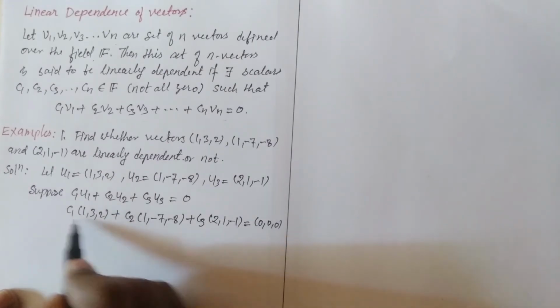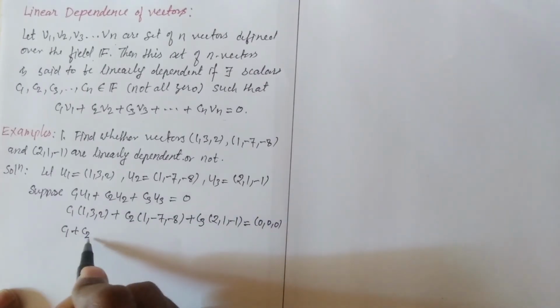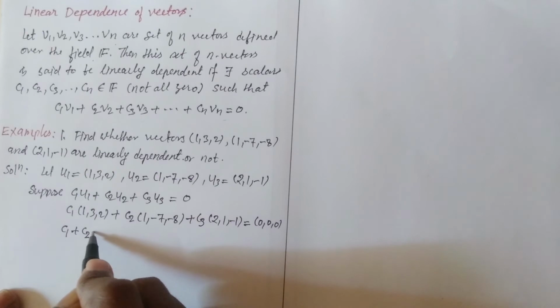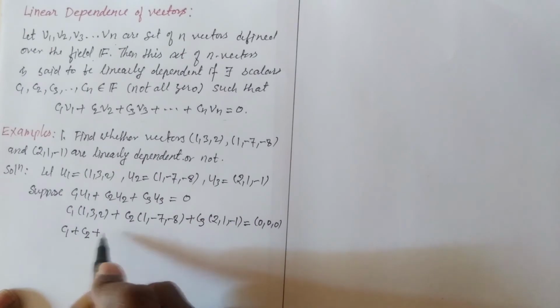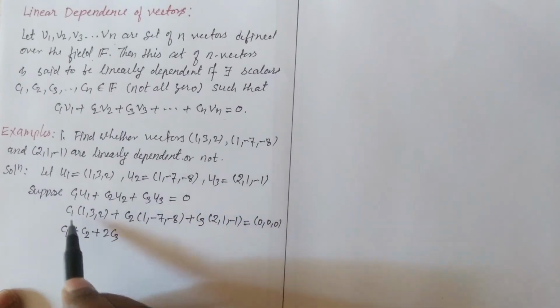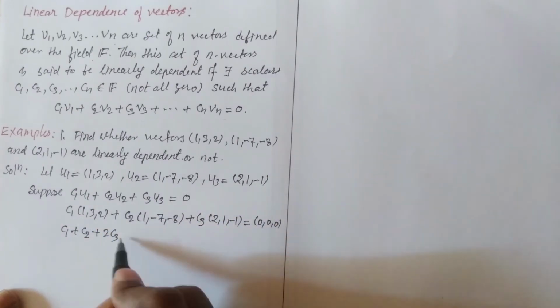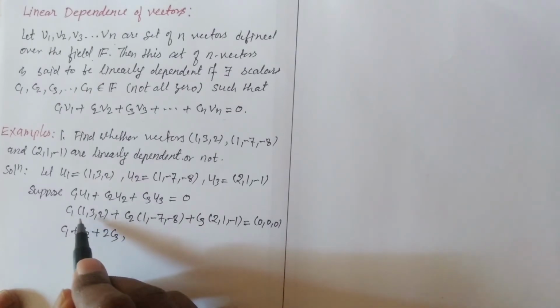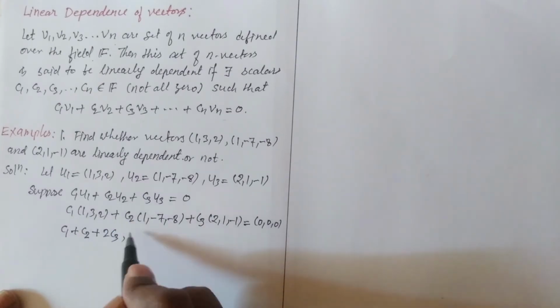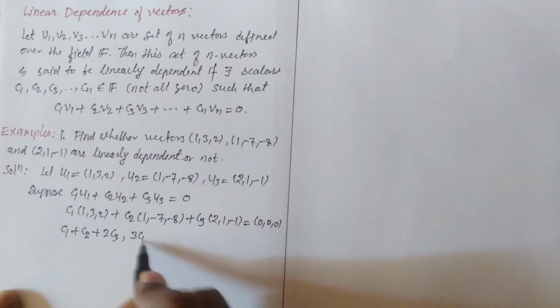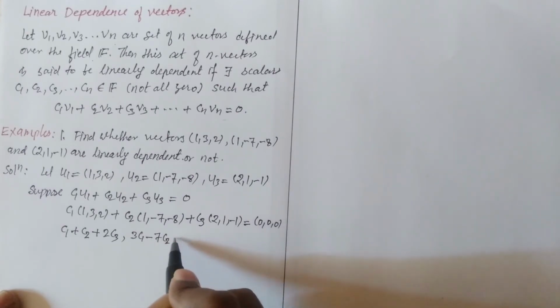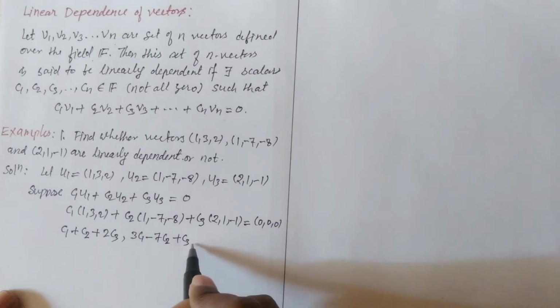Multiply each constant inside the vector, so we will have c1 plus c2 plus 2c3, multiplying and adding the first component, and multiplying and adding the second component, that is 3c1 minus 7c2 plus c3.